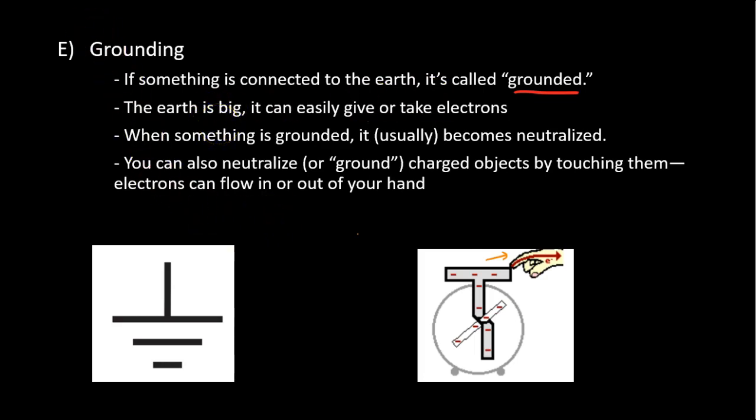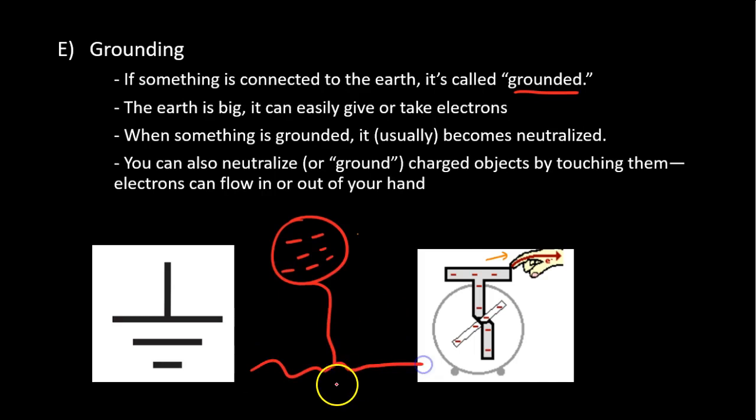If I have something that's very negatively charged, and I touch it to the ground, I literally take a wire and I touch it to the earth, well, these electrons hate each other. The electrons could actually repel and go into the earth. Yeah, the earth might now have some extra electrons, but who cares? The earth is gigantic. It doesn't matter.